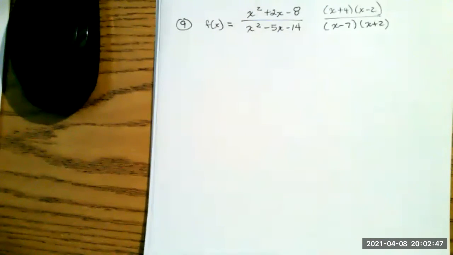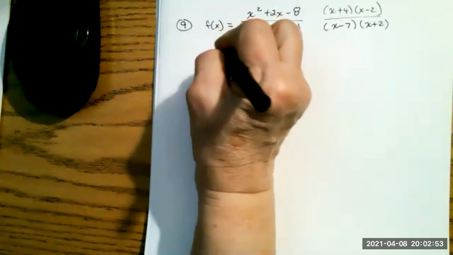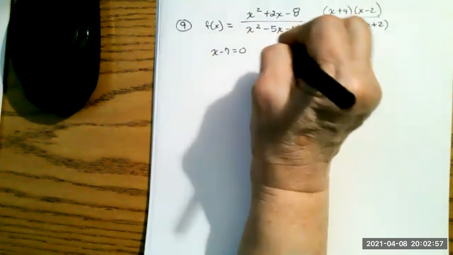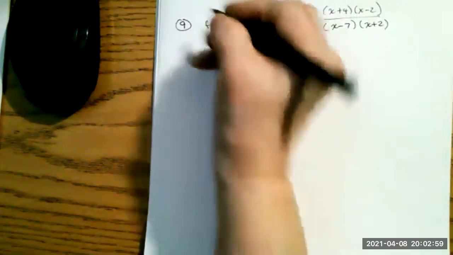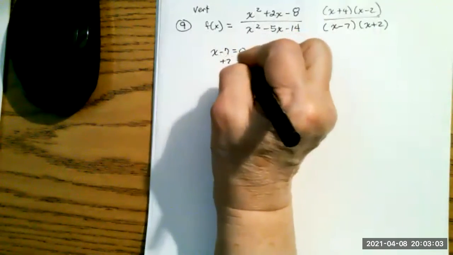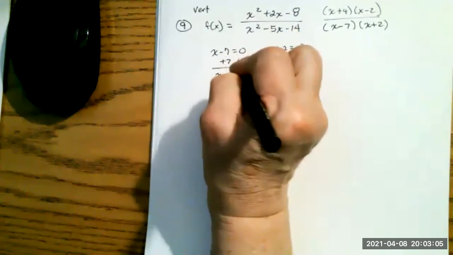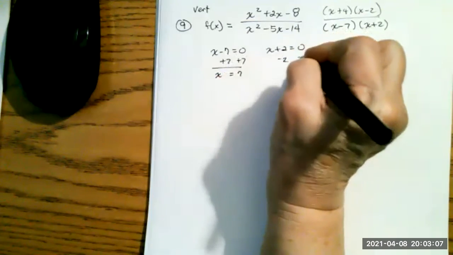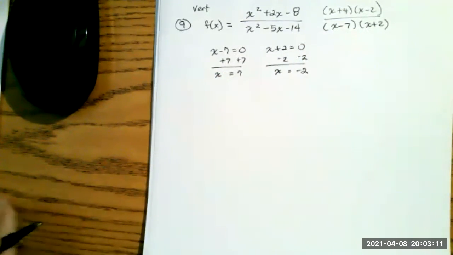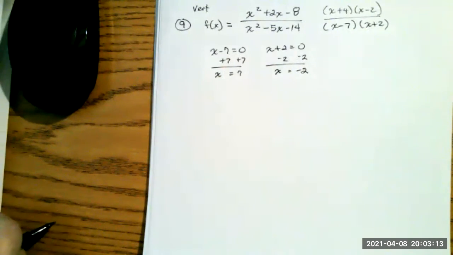So you don't have any holes in this one because those factors are all different. So we're setting the bottom equal to 0. This is for vertical asymptotes, by the way. So x is 7 and x is -2. So you have 2 vertical asymptotes on that number 9.